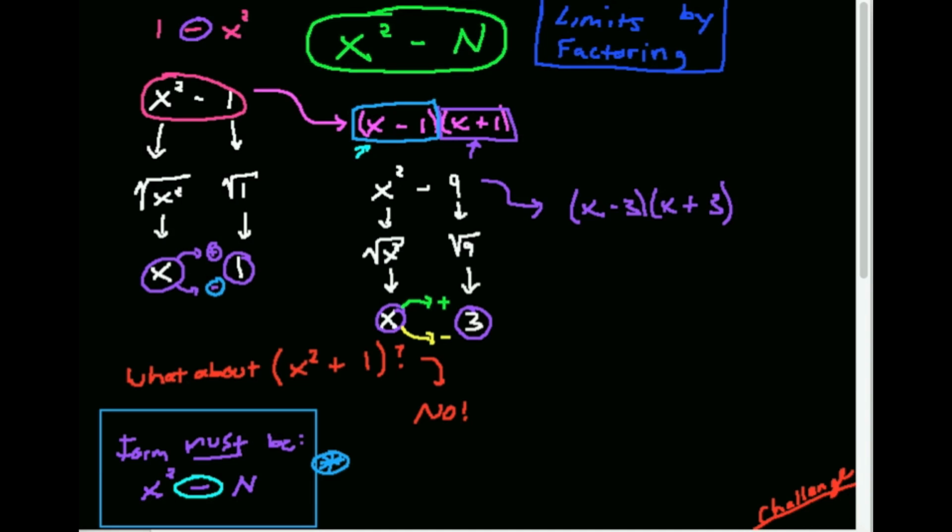So what's x plus 3? Well, I just have this x plus 3 right there in parentheses. And then I'm going to take x minus 3, and that's going to be this right here, x minus 3. And the product of these, x minus 3 times x plus 3, is x squared minus 9.